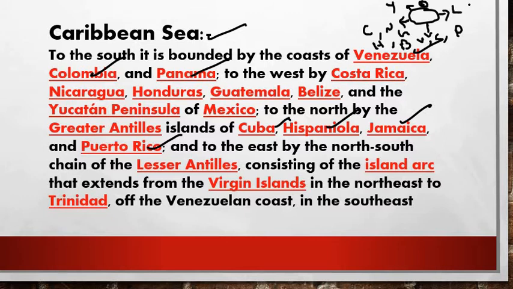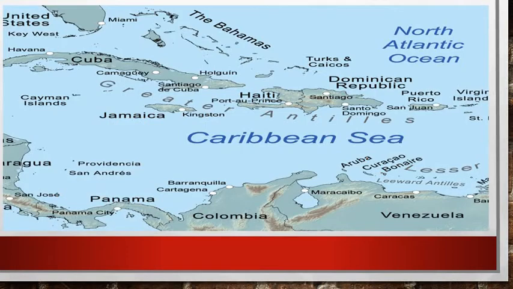The Lesser Antilles, from north to south, consist of an island arc extending from the Virgin Islands in the northeast to Trinidad off the Venezuela coast in the south. So we will see this on the map now.